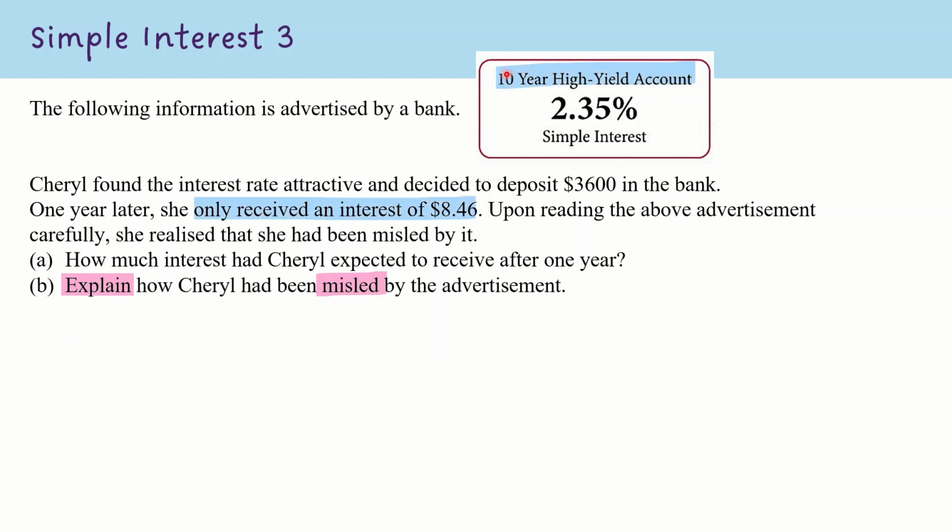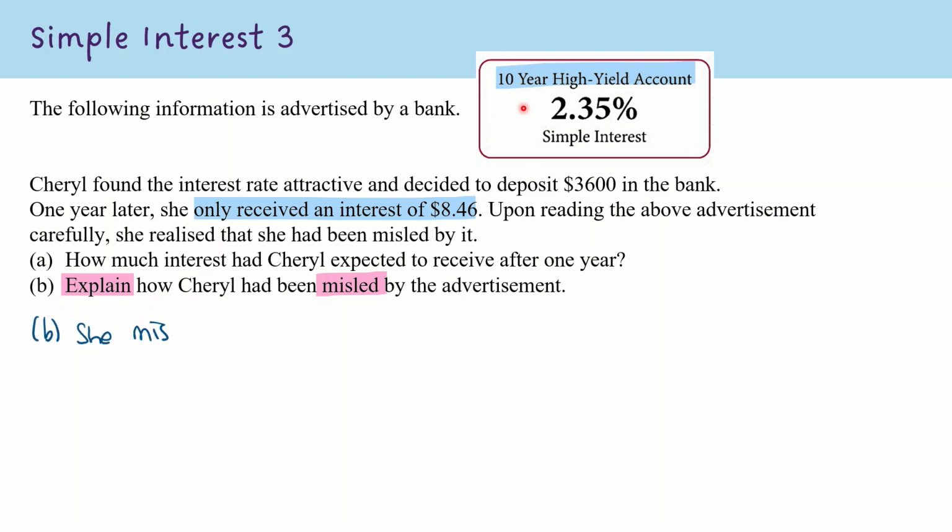The part of the advertisement that is deceiving or misleading, I'm not sure whether it is called deceiving or not, but at least it is misleading, is this 10-year high yield account. So what it's trying to say is that this 2.35% will only be received at the end of 10 years of investment or 10 years of deposit. So that is the part that is misleading.